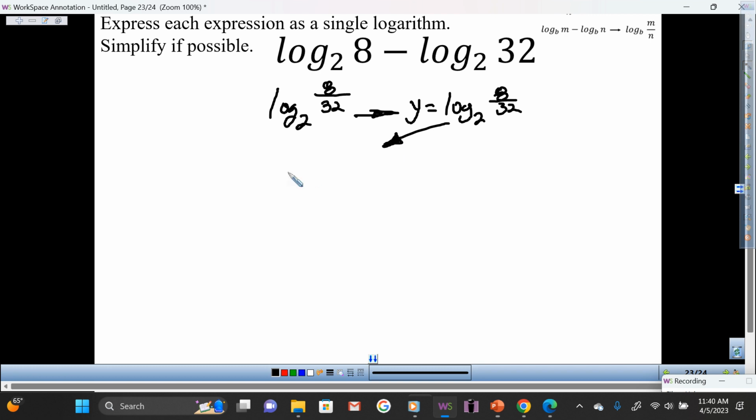Joel, tell me what you write. Eight over 32. Okay. Now at this point, guys, put a little asterisk, a note, and write simplify. Simplify or divide if possible.